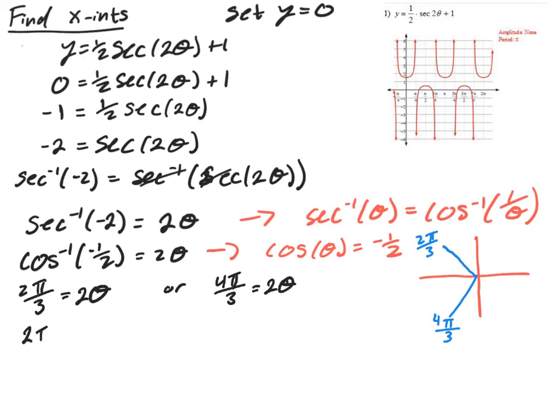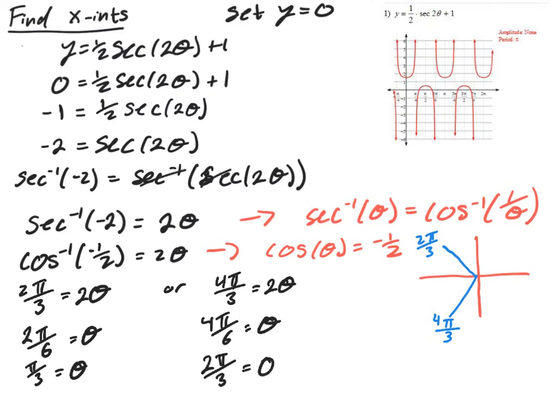So we would have 2 pi over 6 equals theta, making sure we reduce: pi over 3 equals theta. And then for the other one, again multiplying by 1/2, 4 pi over 6 equals theta, reducing: 2 pi over 3 equals theta.